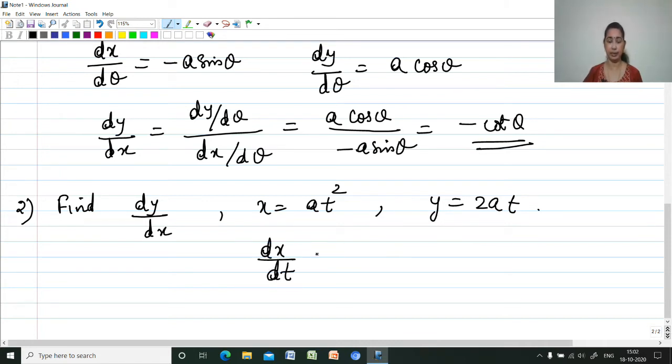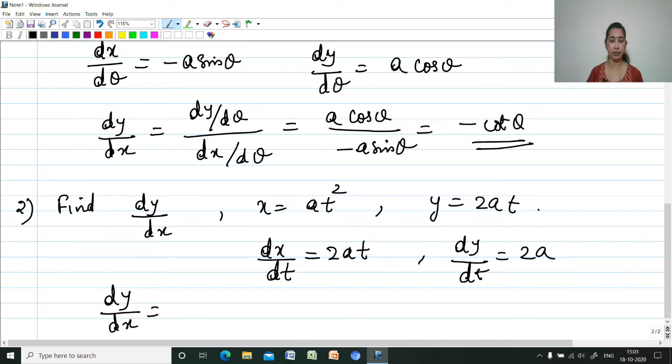So dx by dt is equal to 2at and dy by dt is equal to 2a. So what is dy by dx? Dy by dx equals 2a divided by 2at, and that is equal to 1 by t.